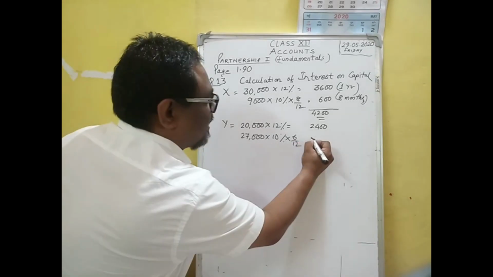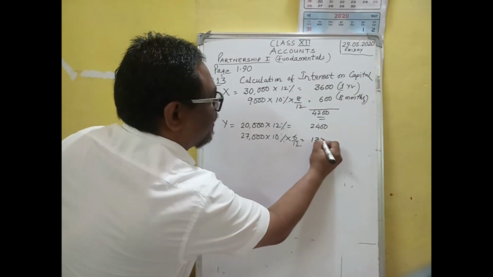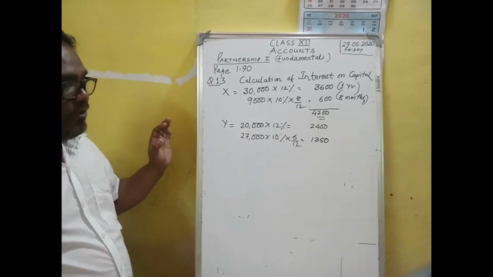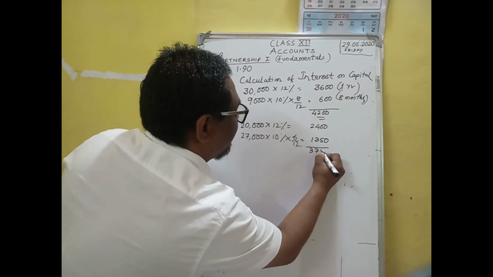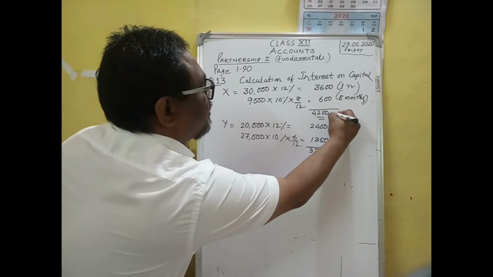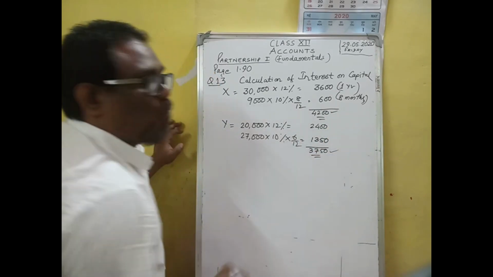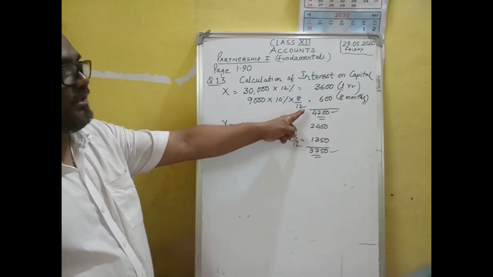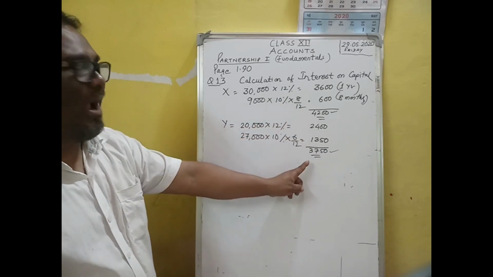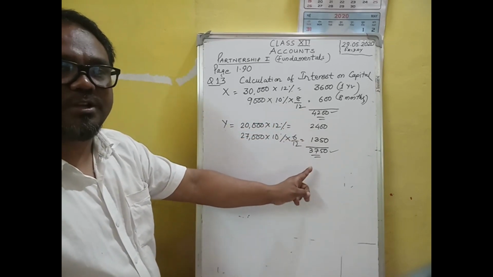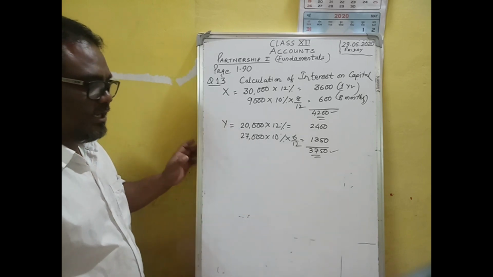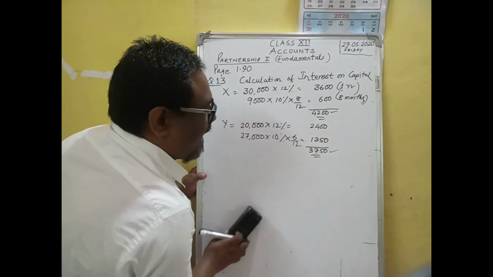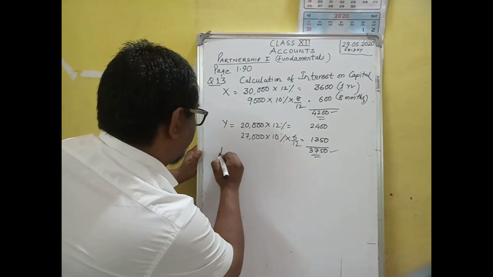Six months interest on capital is 1,350. So the total interest on capital is 3,750 for Y. X's interest on capital is 4,200 total and Y's is 3,750. So now let's pass the journal entry for X and Y.